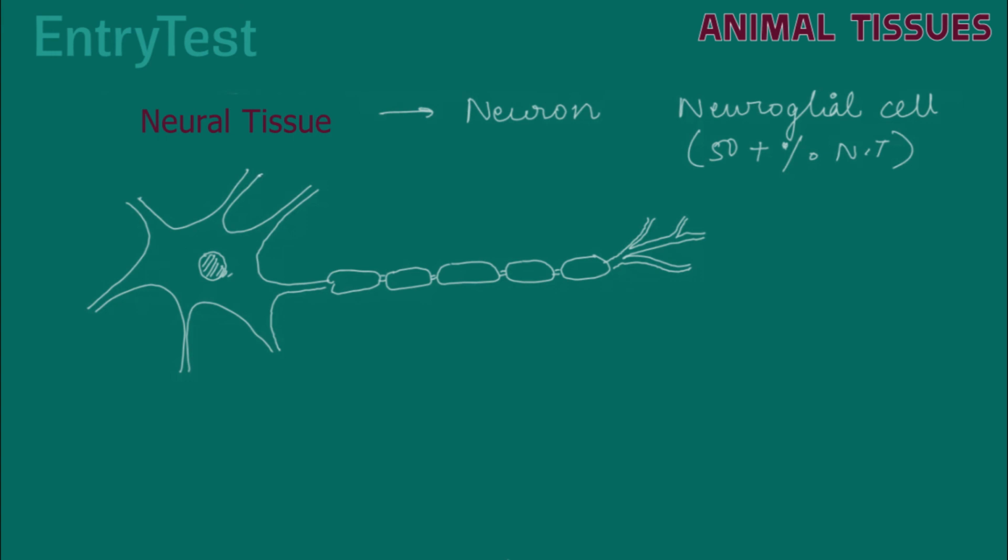These extra extensions that help to connect to the nearby neurons are known as dendrites. This is the cell body with the nucleus. This area where it is attached to the synapse is the axon. This covering is known as the myelin sheath.